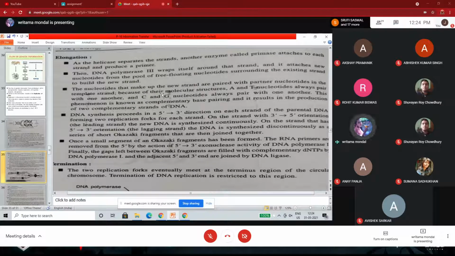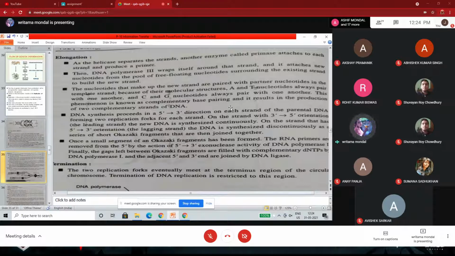The nucleotides that make up the new strand are paired with partner nucleotides in the template strand because of their molecular structure. By complementary base pairing, they join. A and T nucleotides always pair with one another, and C and G nucleotides always pair with one another. This phenomenon is known as complementary base pairing.